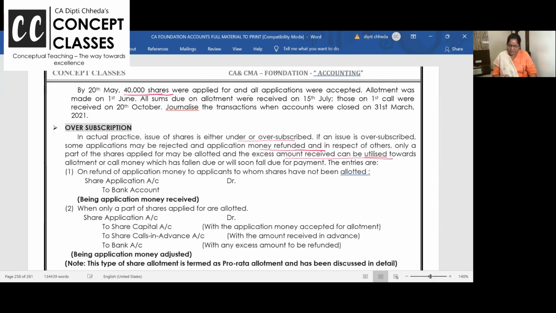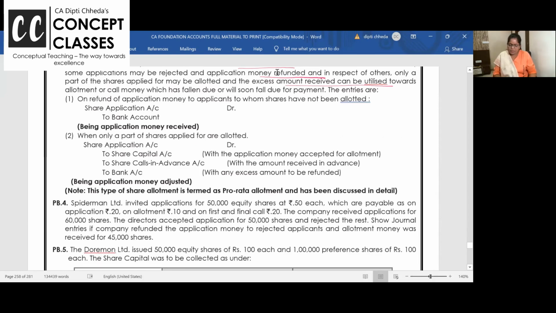So if you are refunding, bank to share application to bank. Extra money, you have received an application, refund. Share application account debit to bank. Now, only a part of the shares are allotted.